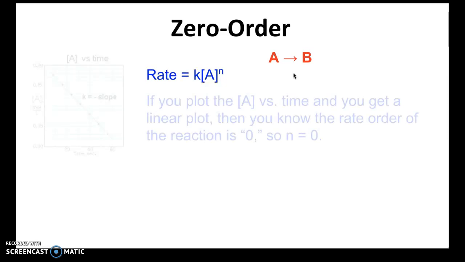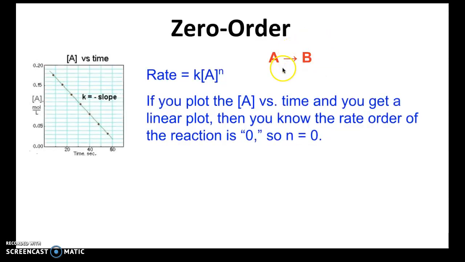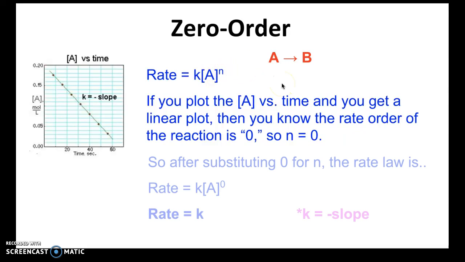Let's start with zero order, since that's the simplest. So if you have a reaction A going to B, and you plot the concentration of A versus time, and if you get a linear plot with a negative slope, then you know the rate order of the reaction is 0. So n, which is what we're using here as the variable for rate order, will be 0.